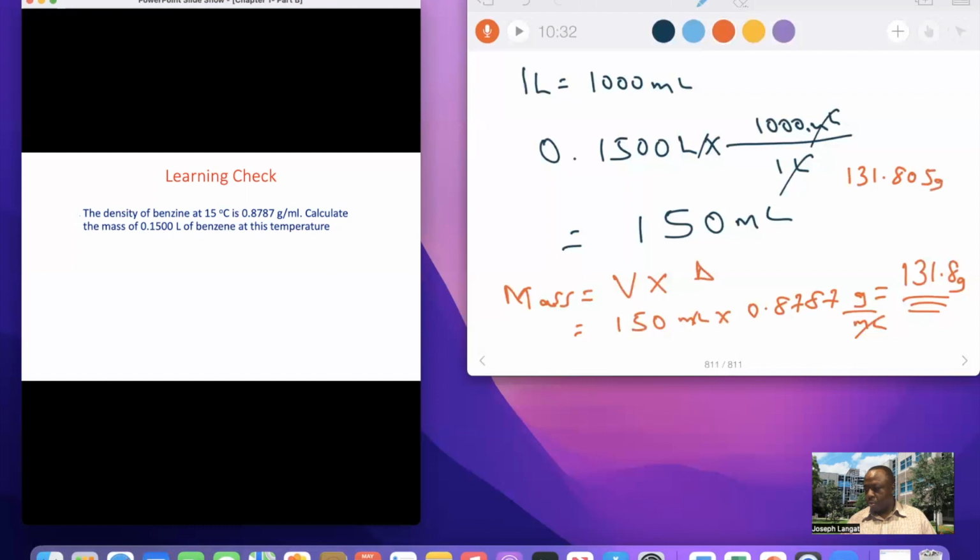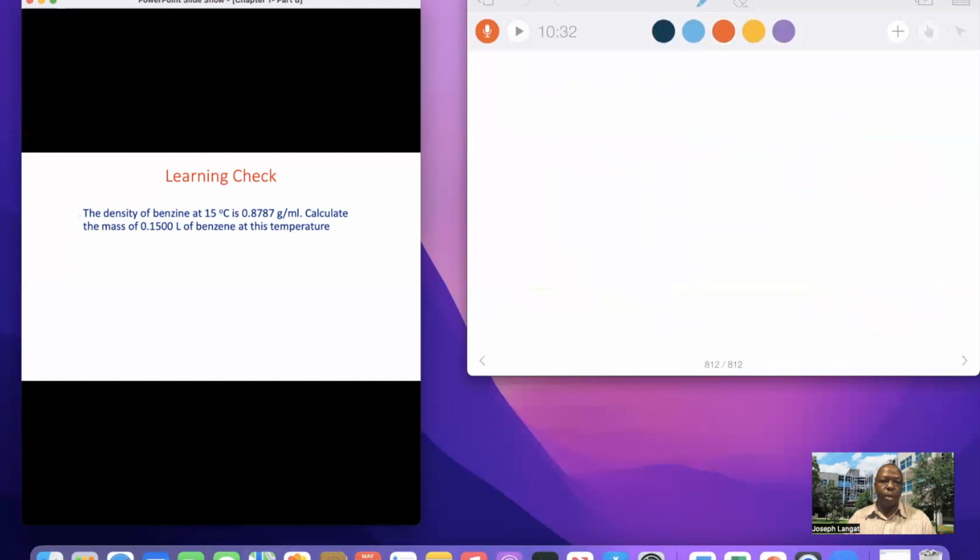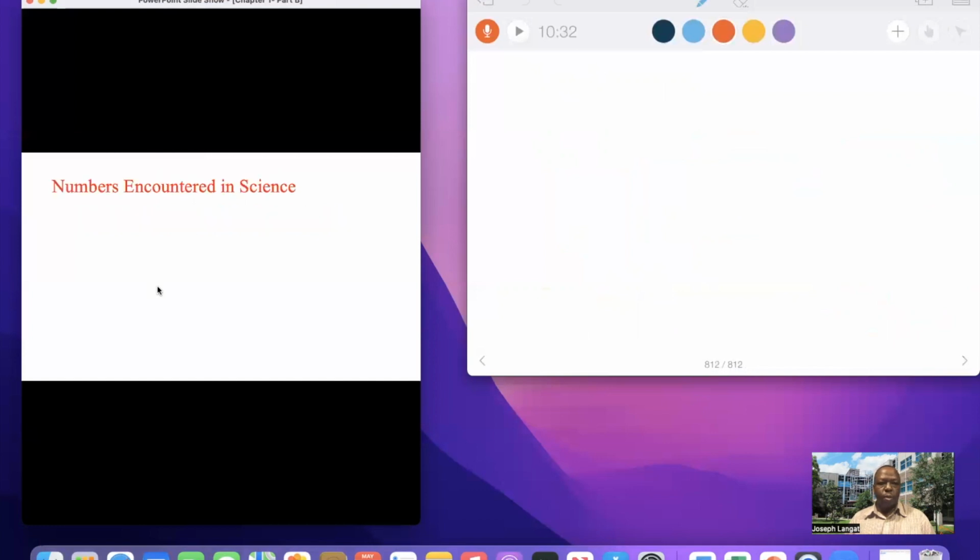Let's get into the habit of expressing our final answer with the correct number of significant figures, because when you get to the homework, you'll have to pay attention to significant figures. So that's a learning check on how to determine the mass of a substance using density.